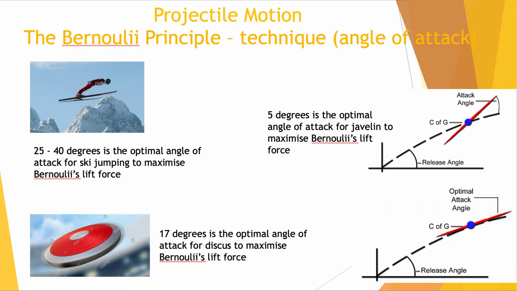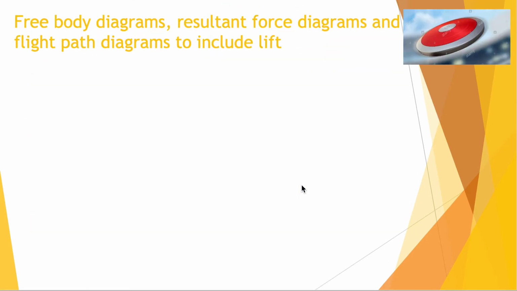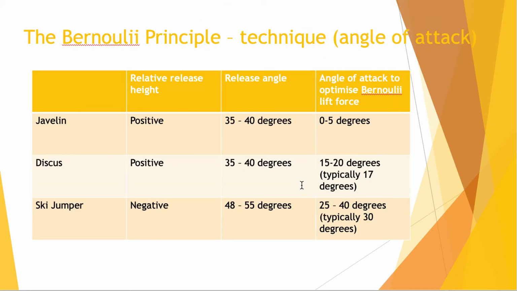So, there's an optimum angle of attack for each sporting activity. For a javelin, the optimal angle of attack is 5 degrees. Now, this is different from the release angle. The optimum release angle of a javelin, because it's got a positive release height, is somewhere between 35 and 40 degrees.